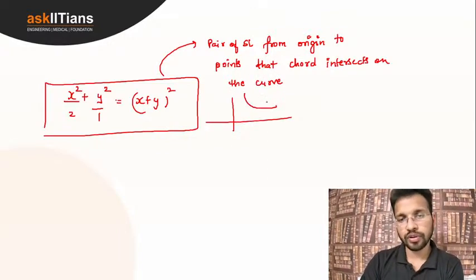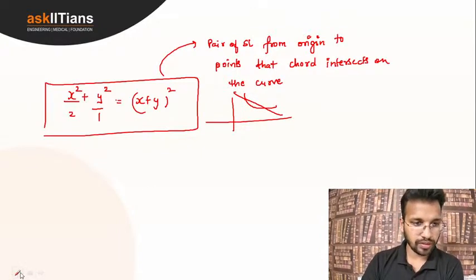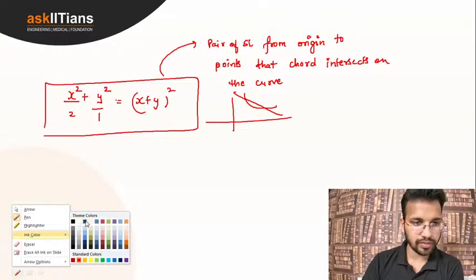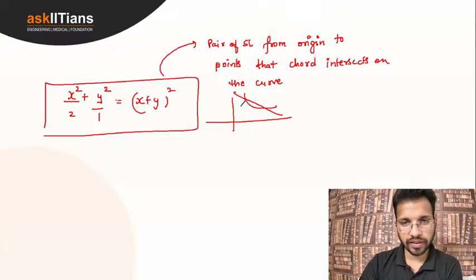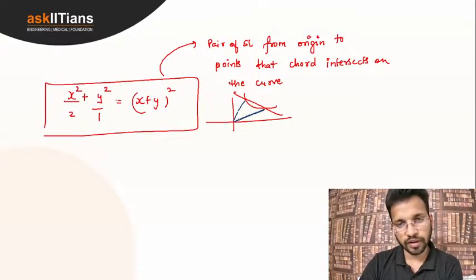So in general, if I'm drawing any curve and if this is a line, what will that pair of equation give us? These two pair of lines.